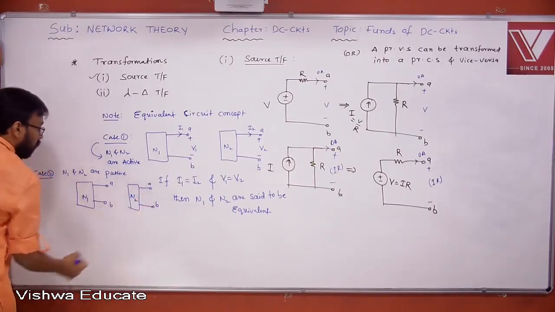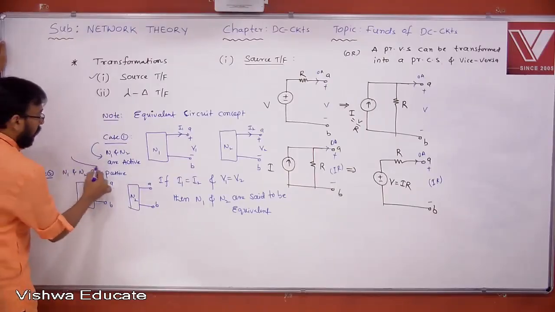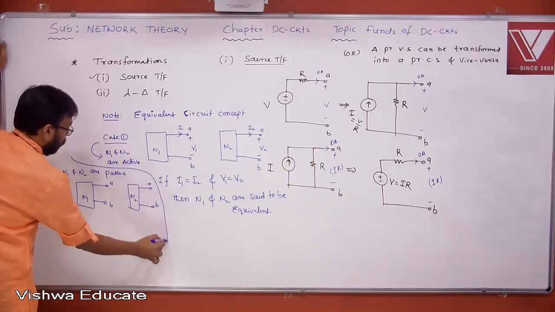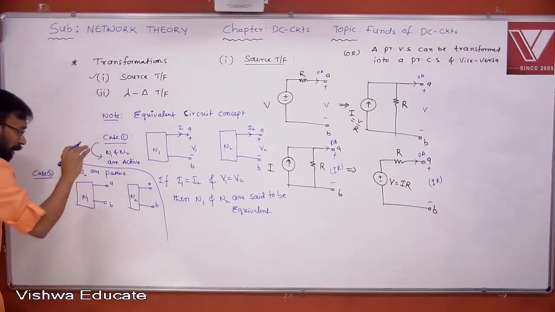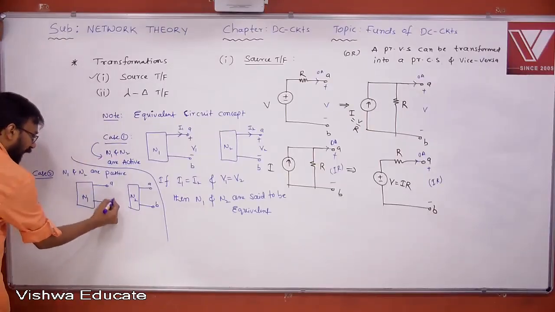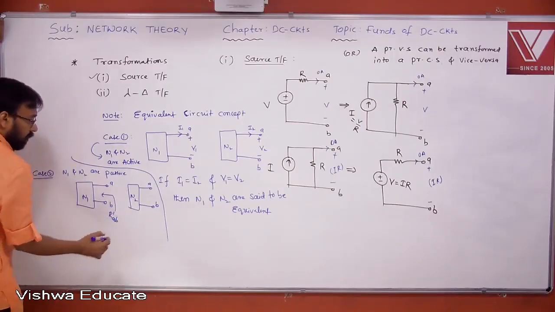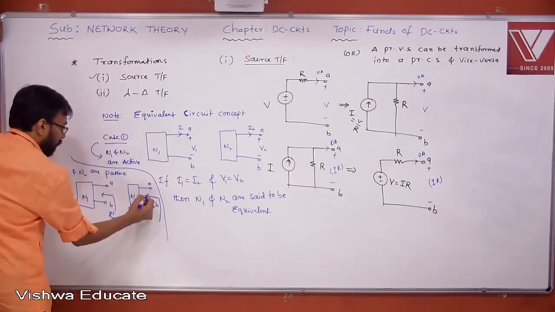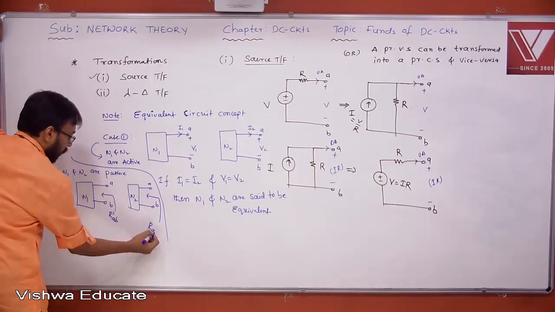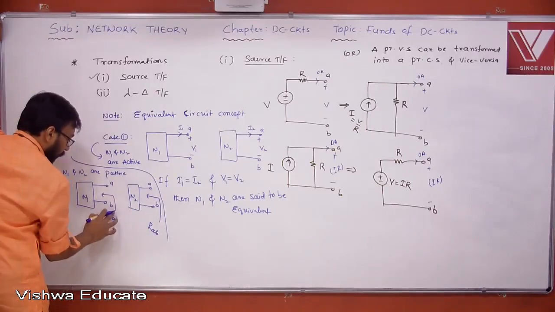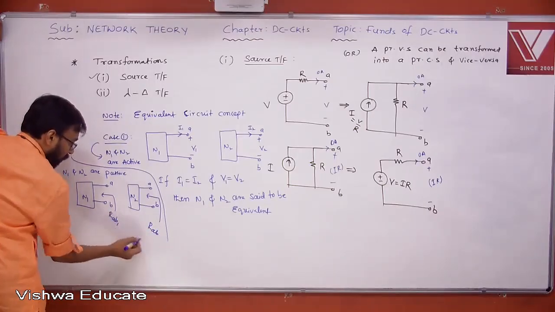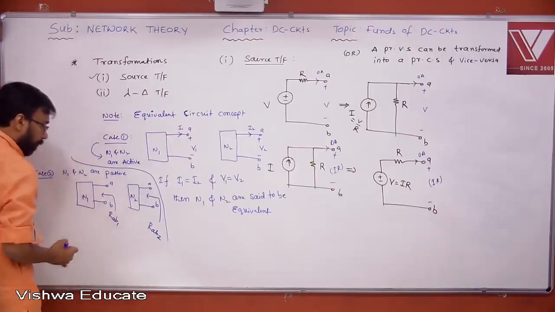I'll give you sufficient time. Please look at this first. N1 and N2 are passive. In case of passive networks, find RAB of the first network and RAB of the second network. Better you take RAB1 and RAB2.